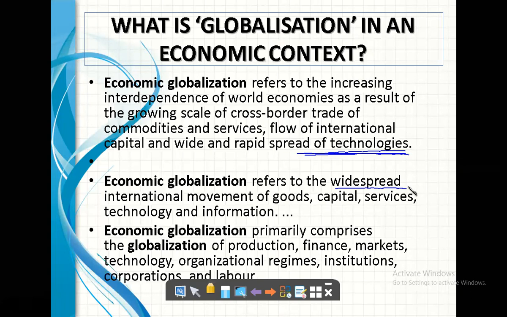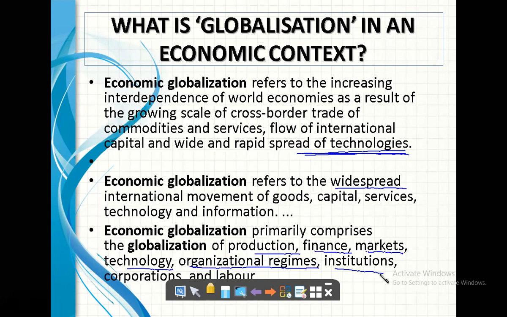Economic globalization primarily comprises the globalization of production, finance, markets, technology, organizational regimes, institutions, cooperation, and labor.